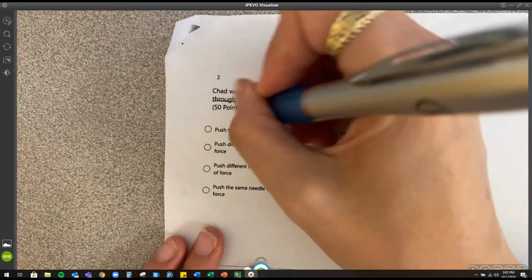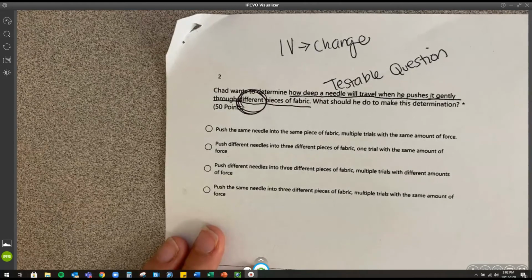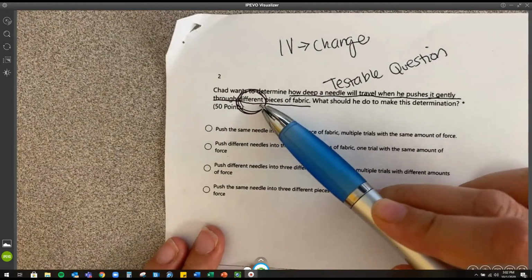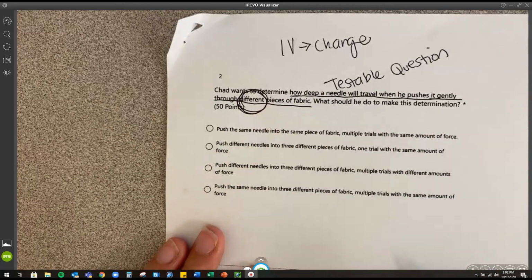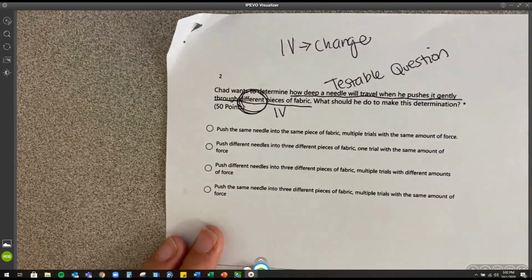I have a very key word right here. Citlali, what is my independent variable? I've circled something that's going to be different there. Yes, the pieces of fabric is my IV. And so what is my DV? What am I measuring? Brenda, what am I measuring?